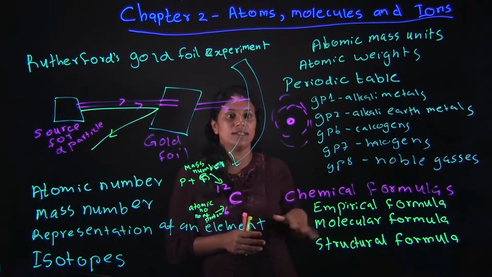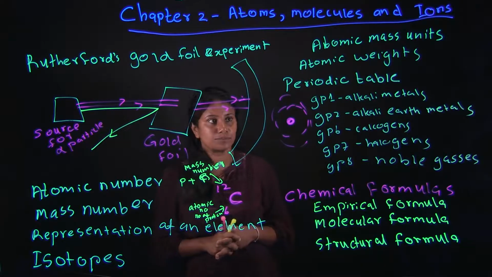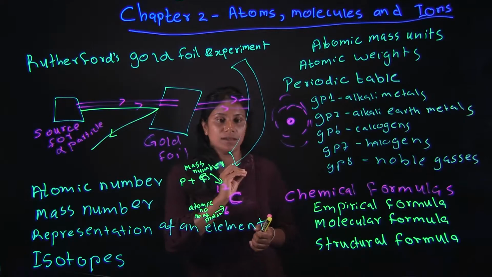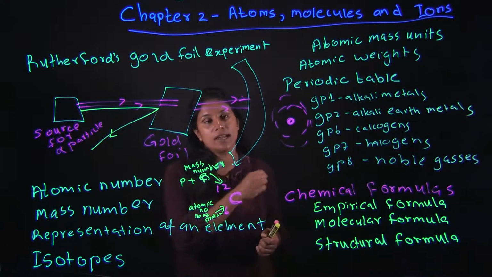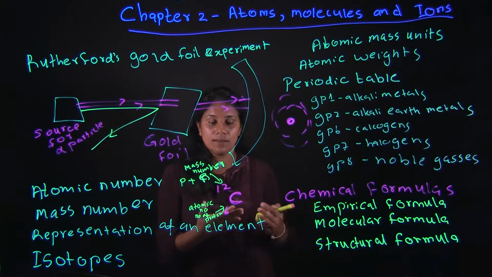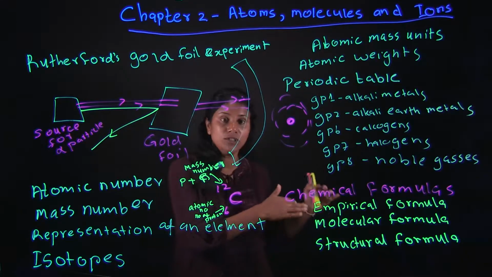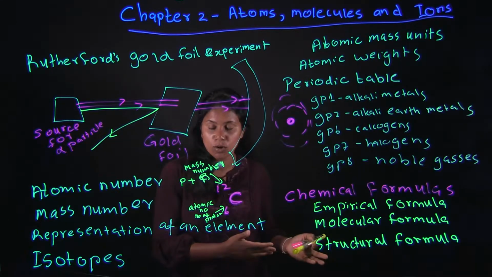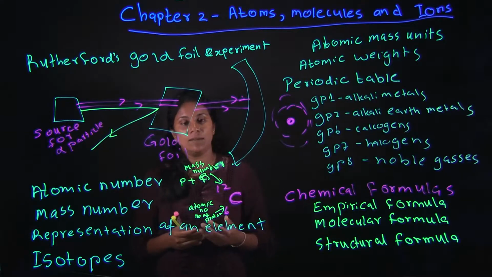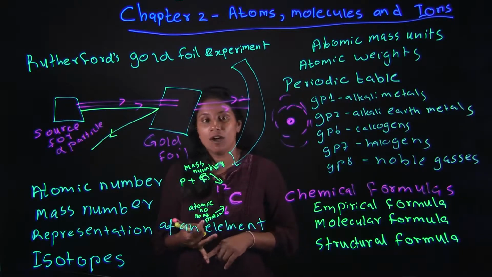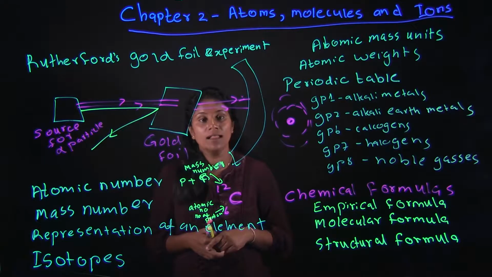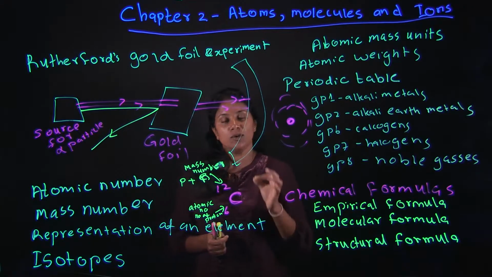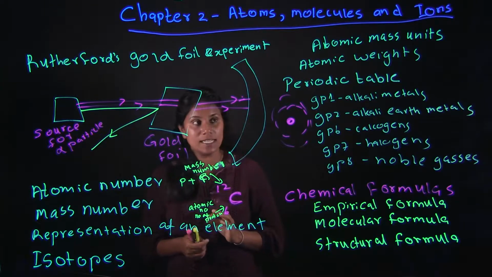The horizontal lines are periods. The periodic table is classified into metals, non-metals, and also metalloids. And when we go further in this chapter in the course, you will see again that the periodic table can be classified into different blocks: S block, P block, D block, and F block as well.